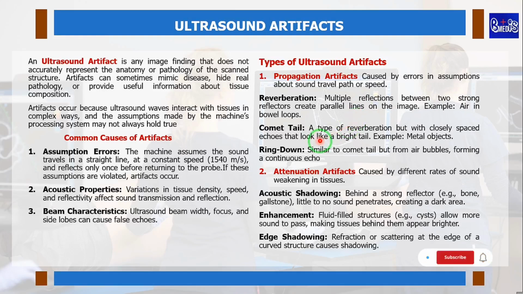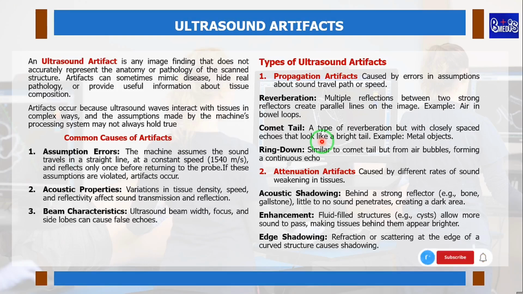Then the next is comet tail. Comet tail artifact is a type of reverberation but with closely spaced echoes that look like a bright tail. An example is a metal object. Ring down artifact is similar to comet tail but from air bubbles, forming a continuous echo.